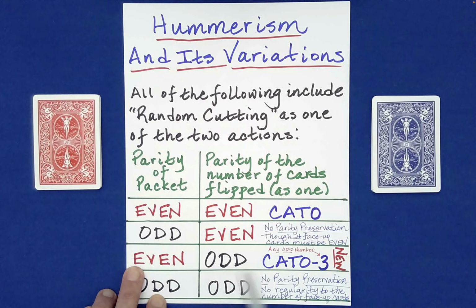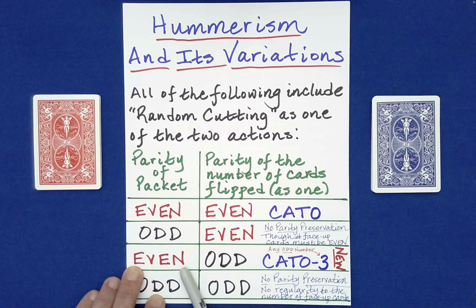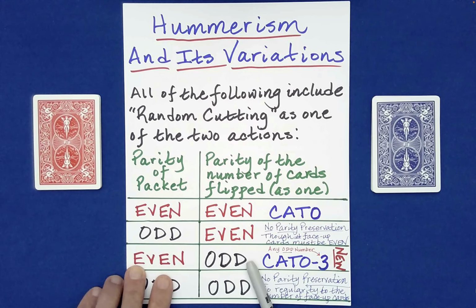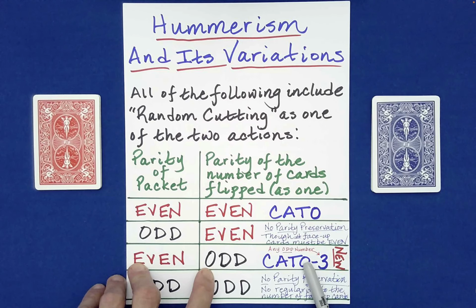The third case is the one that I've been showing you in this series. We've been working with an even number of cards, but we've been flipping an odd number of cards, followed by a random cut. Okay? Now, at the beginning, I called this CATO-3 because I had envisioned just turning over 3 cards.